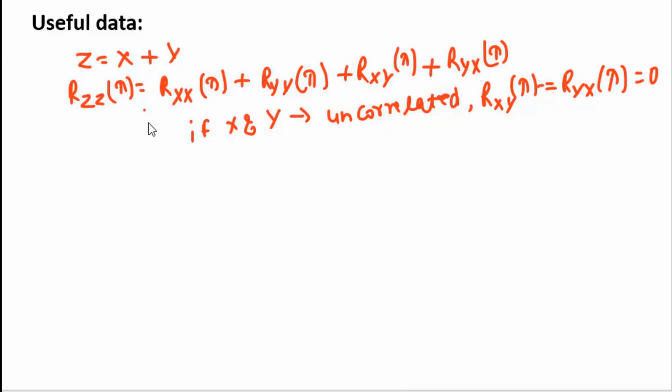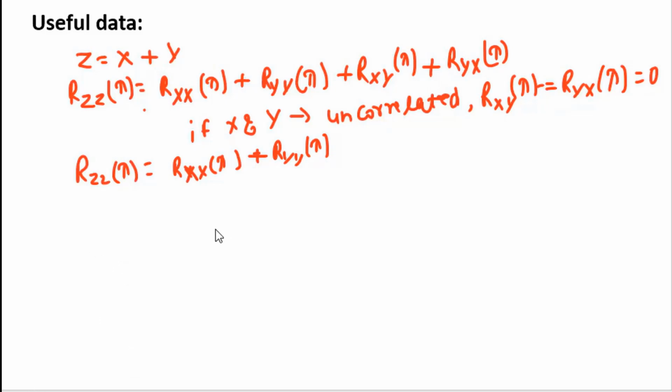So if x and y are uncorrelated, this value will be 0, and your R zz of tau will be given by only R xx of tau plus R yy of tau.